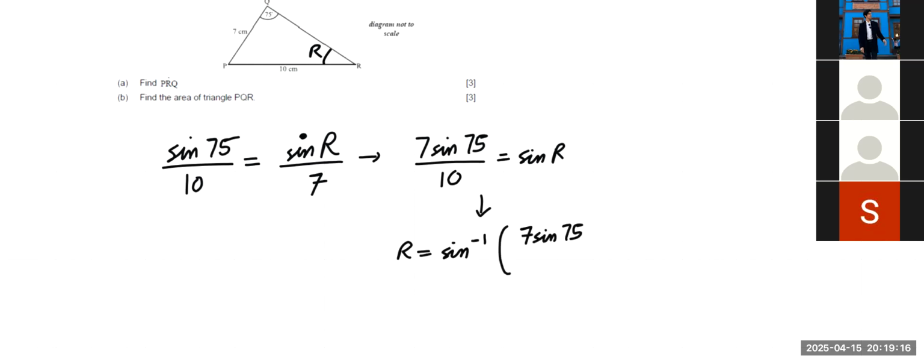And that is my answer. So let me see what it becomes. Sine inverse of 7 times sine 75 divided by 10. That is 42.5 degrees. Is this clear now?